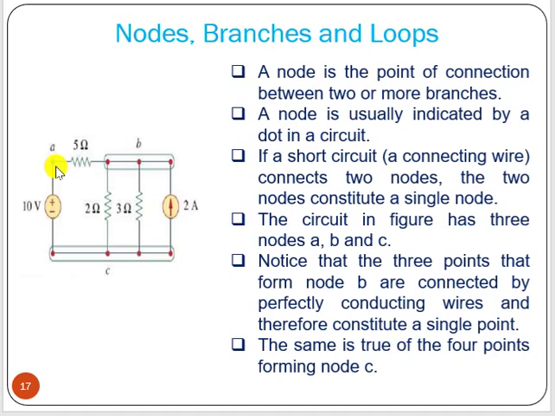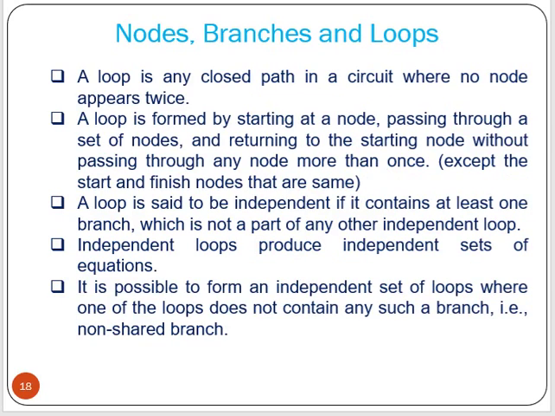That means you can start from A, go to B, then C and reach back to A. This can be one loop. Again A, B, C, this can be another loop. Again A, B, C, this can be another loop. So you can have 1, 2, 3 loops in this circuit.